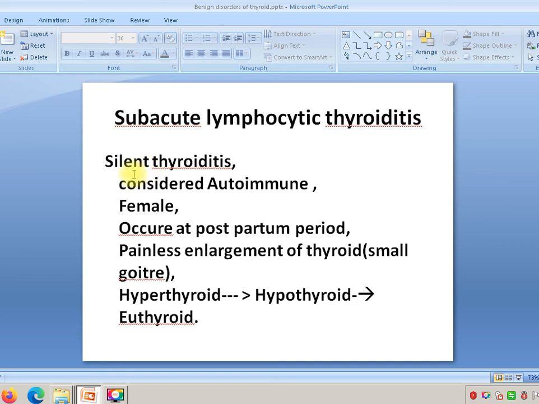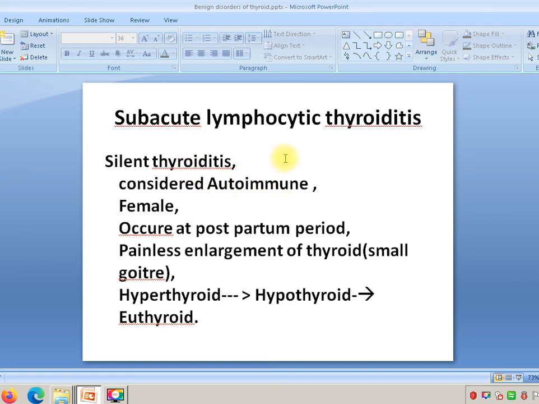It is also taken as silent thyroiditis because it is painless. Although there is thyroid enlargement, there is no pain. Why is it painless? Because it is considered autoimmune.